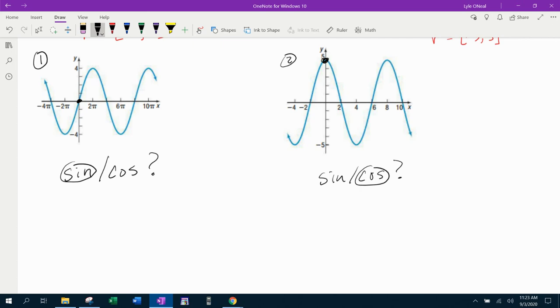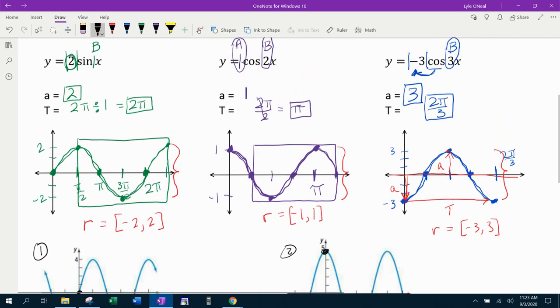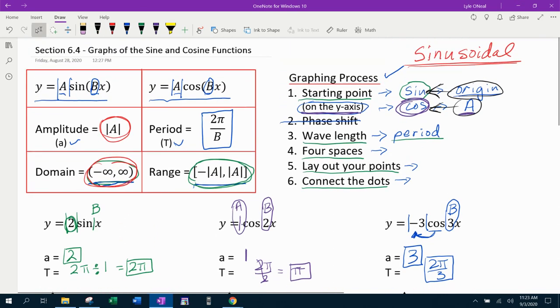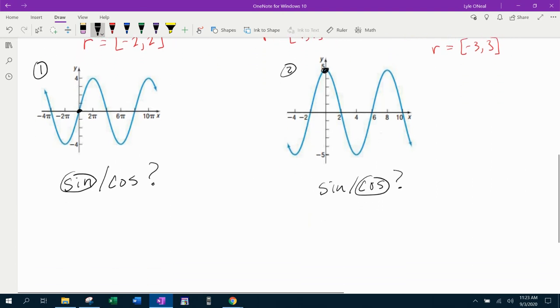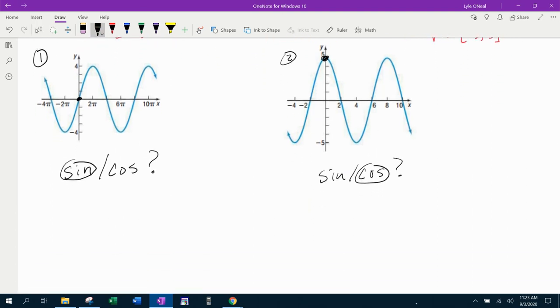Next, the amplitude, okay? The coefficient of the trig function comes from the amplitude, okay? So if we go back to this first example, we can see that this graph reaches a maximum height of 4, and it does go up to +4 first.